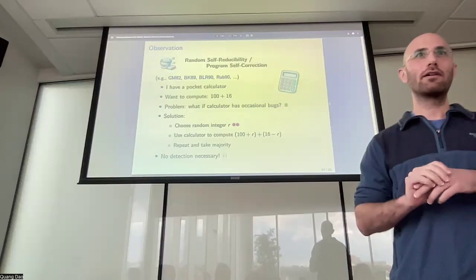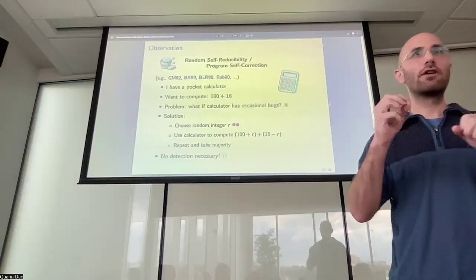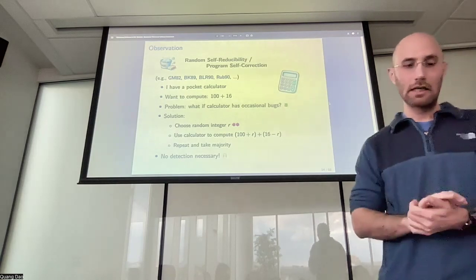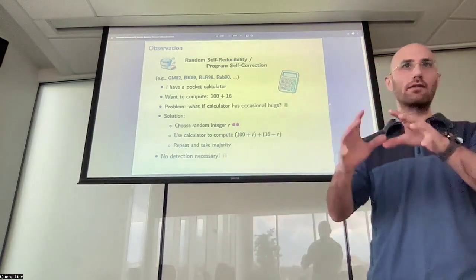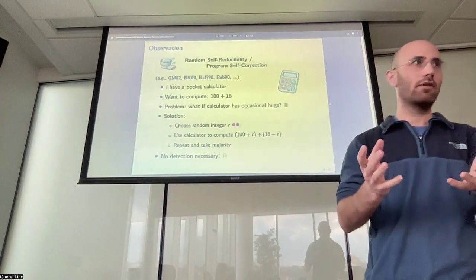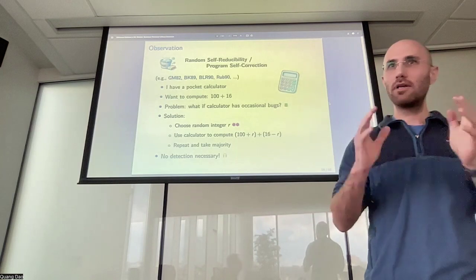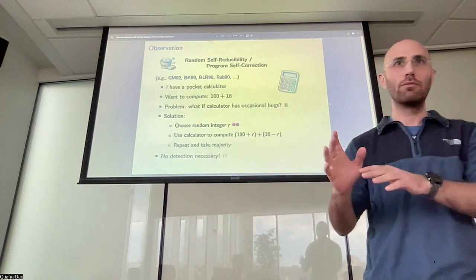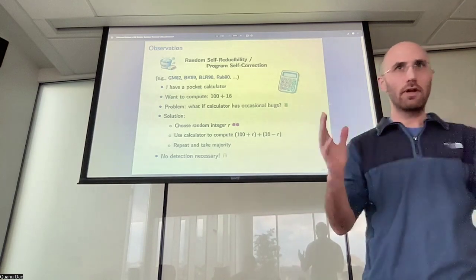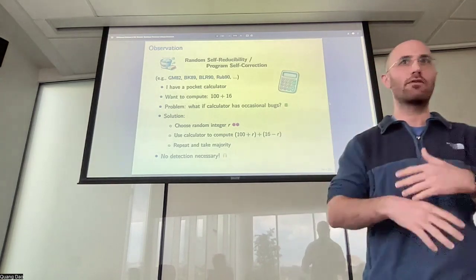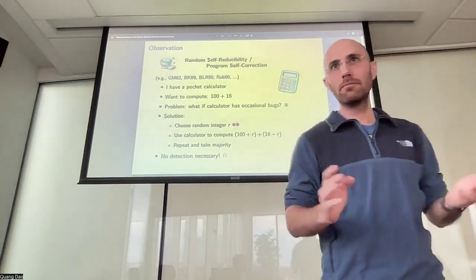I didn't try to build some theory about where the bug is and detect it and narrow it down. I just took the calculator as is, wrapped it inside some kind of procedure. And my claim is, if there were any bugs in the calculator, now they were removed under some fairly general assumptions. And if there weren't any bugs, no harm done. This is a very cheap procedure, very easy to do, so I'm happy to do it.